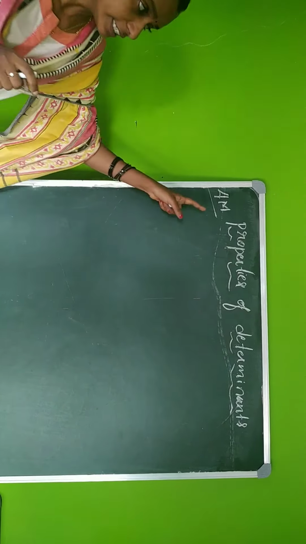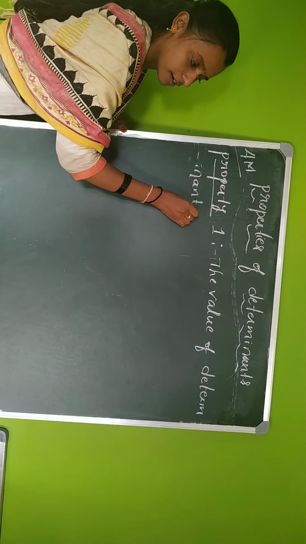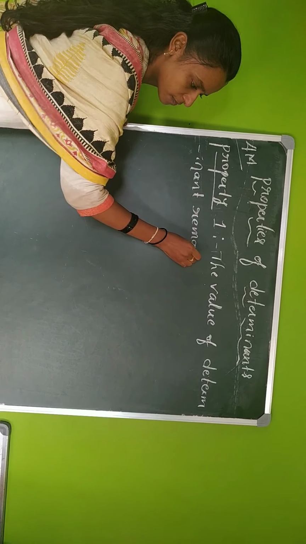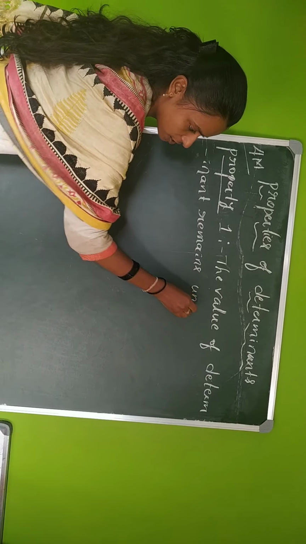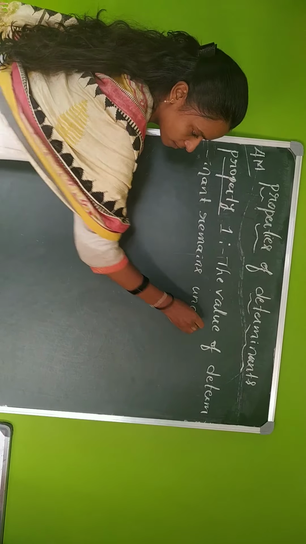The value of a determinant remains unchanged if rows or columns of a determinant are interchanged.